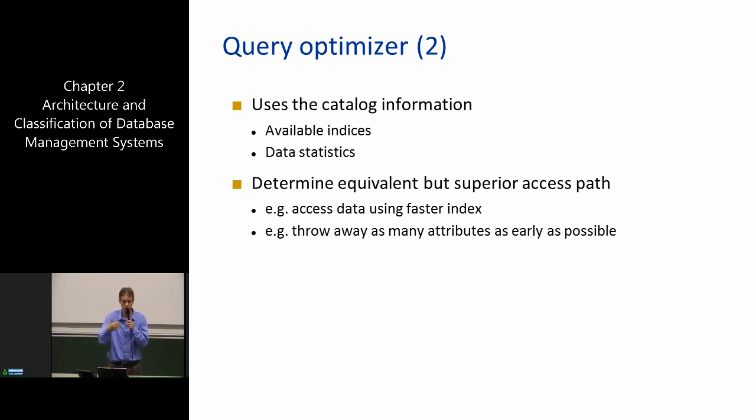So it will not look at student gender, student email, student birthday or student address, because it doesn't need that. It will throw away that information as early as possible during query processing. The only reason it does that is to speed up the answering time of the query, such that the user can get the results in a fast way.